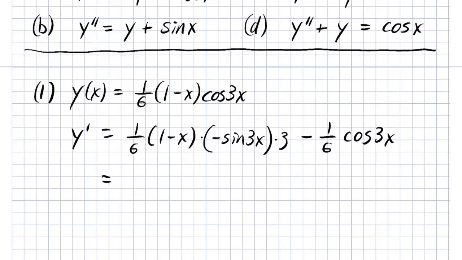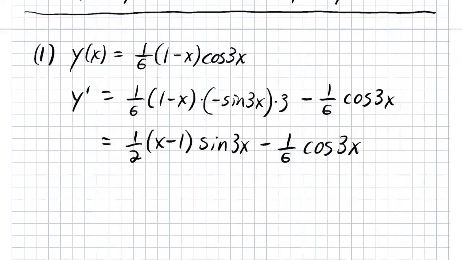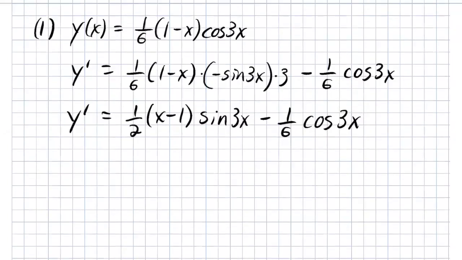We will get 1/2 x minus 1 sine 3x minus 1/6 cosine 3x. That's the first derivative, and now we'll do the second derivative.